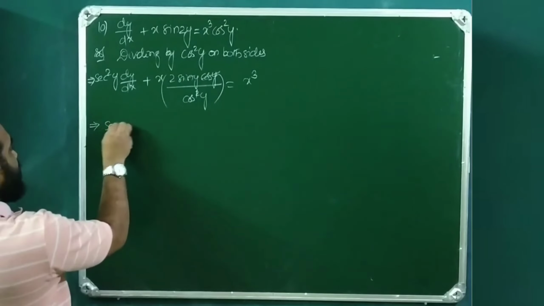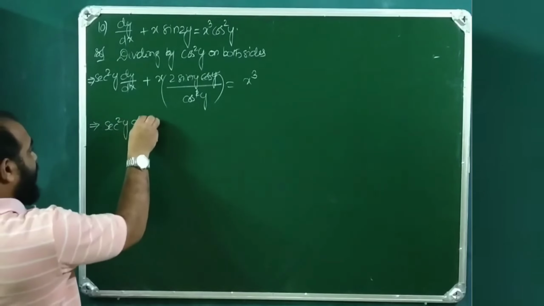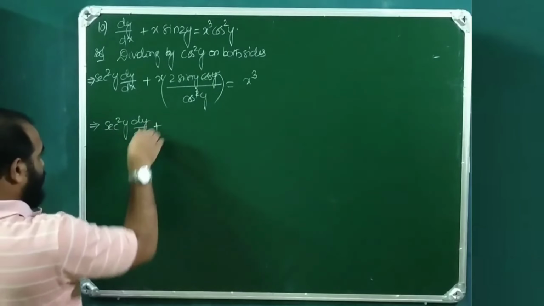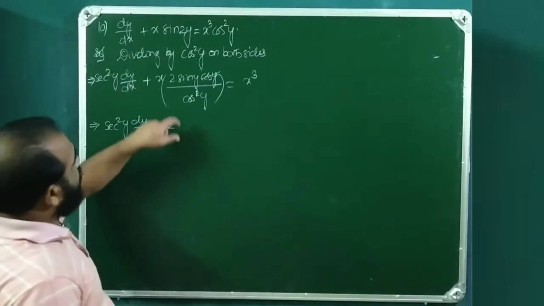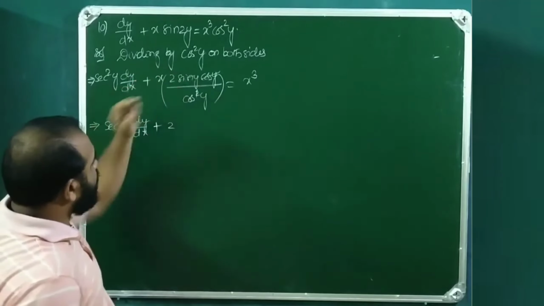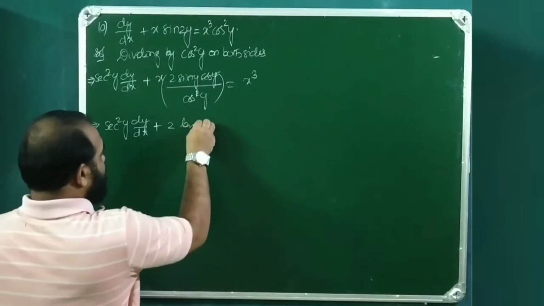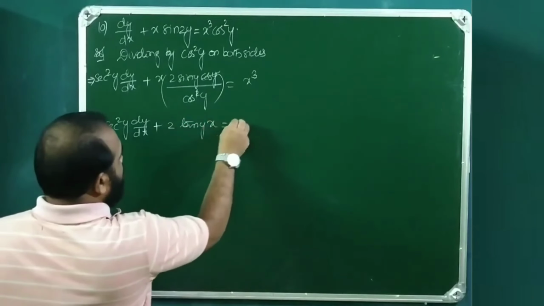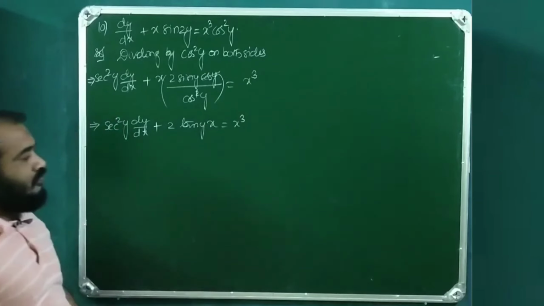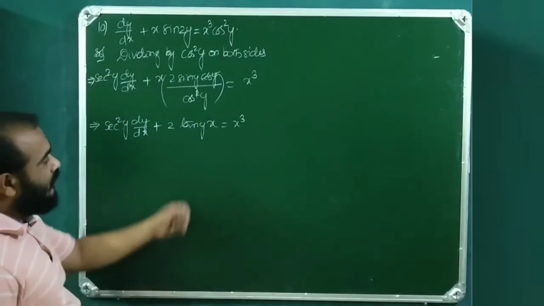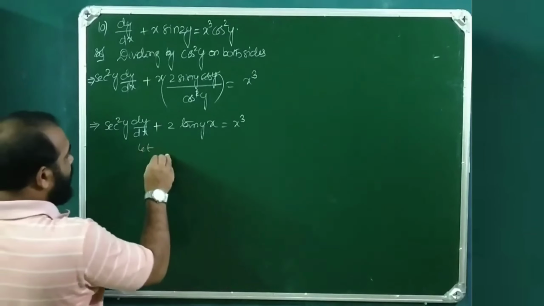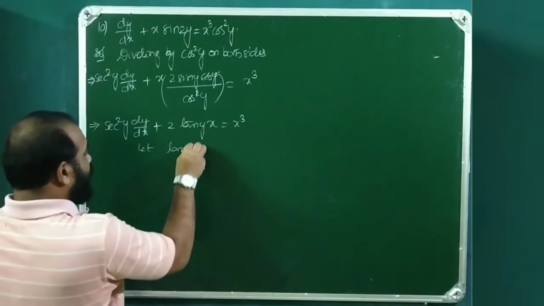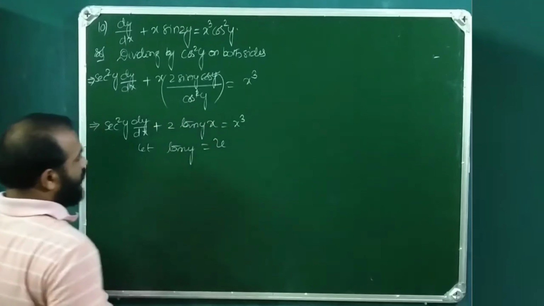So this is secant square y dy by dx plus 2, this is sin y by cos y is tan y, into x is equal to x cube. So let us take the substitution. Let tan y equal u.